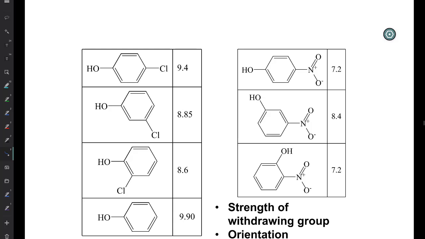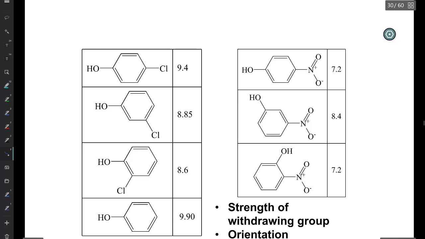For chlorine, it's a combination of both resonance and electronegativity. Turns out the trend is pretty straightforward. The closer it is, the stronger it is, and the further away it is, the weaker it is. For nitro groups, it's fairly distinct. If you'll notice, in the ortho and para positions, the acid is much stronger than if it's in the meta position, roughly a factor of 10 times.